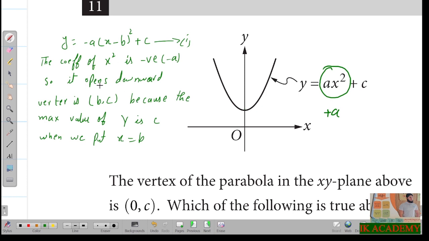So we got both the things. The parabola is opening upward and the vertex is B, C.